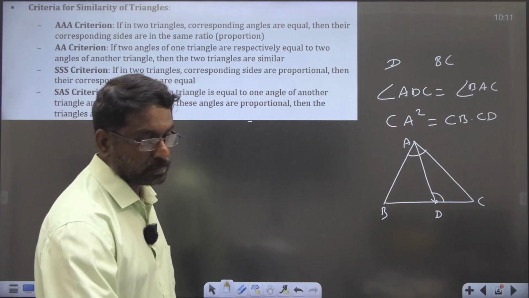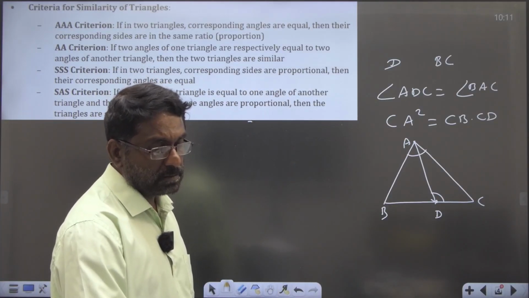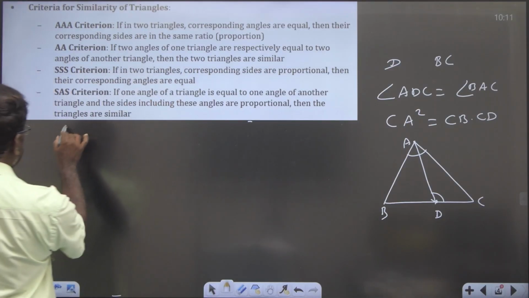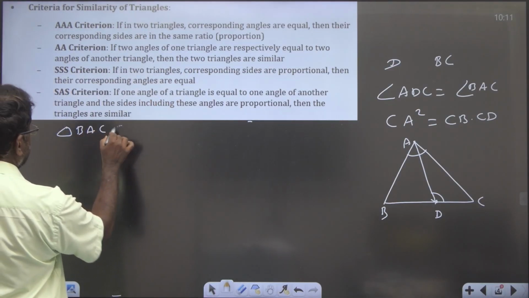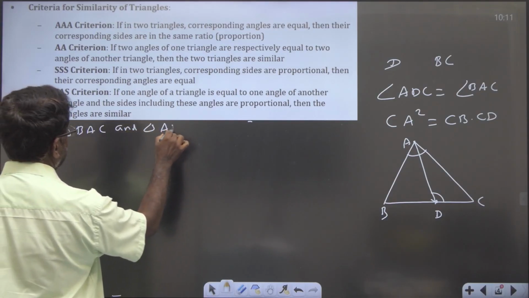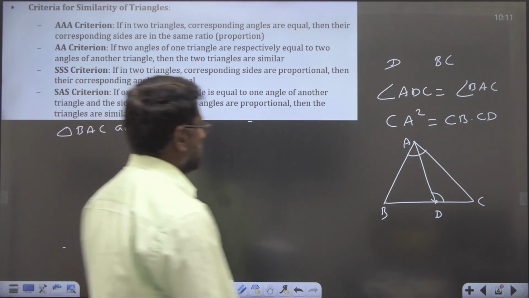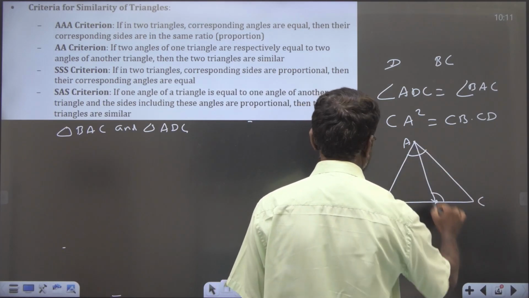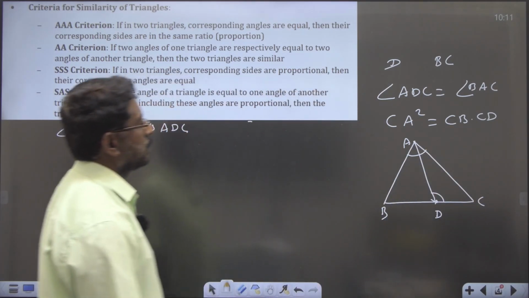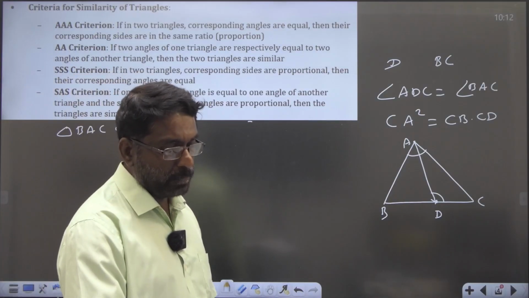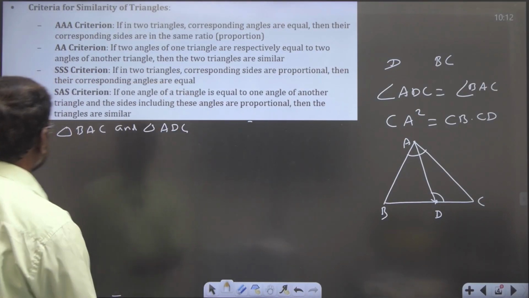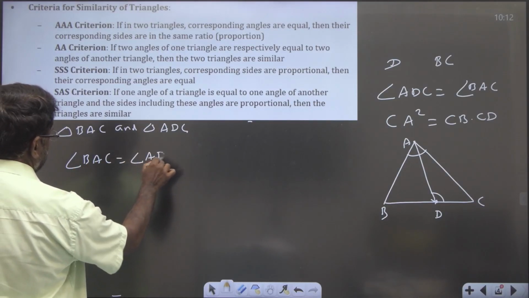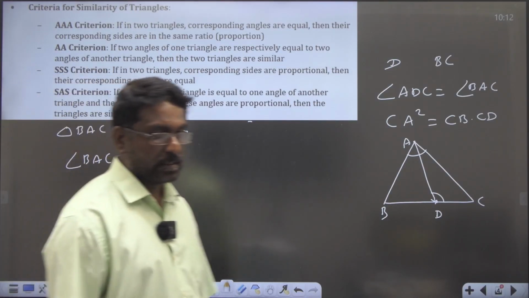Consider triangles BAC and ADC. Angle BAC is equal to angle ADC. What is the reason? That is given.